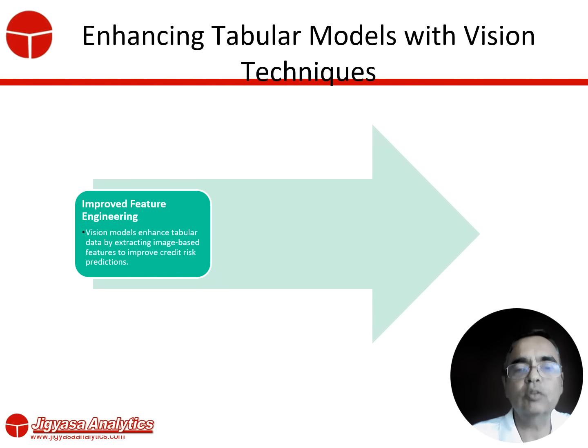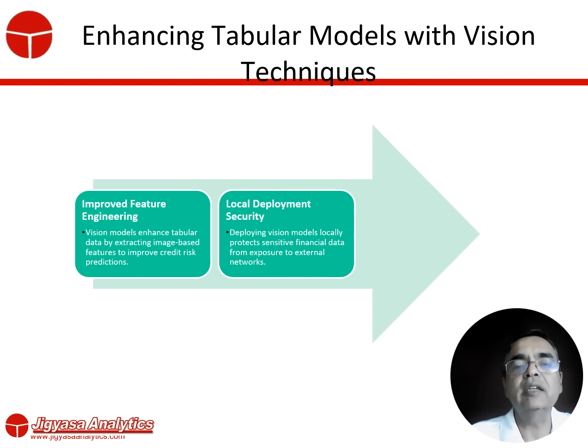which will lead to a superior scorecard. And the great thing about this is that these models are fairly easy to implement within the local environment. So what that means is that data is not exposed to the cloud, and a lot of data privacy and security concerns are taken care of.